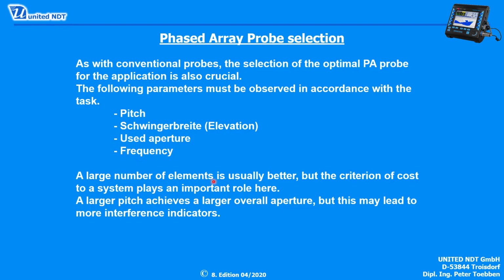A large number of elements is usually better, but the cost is the critical part here, because an instrument with 64 elements, 64 pulsers, is much more expensive than one with 32 or 16 pulsers. A larger pitch achieves a larger overall aperture, but this may lead also to more interference indicators, so these unwanted signals.